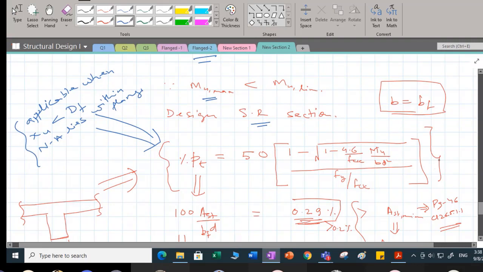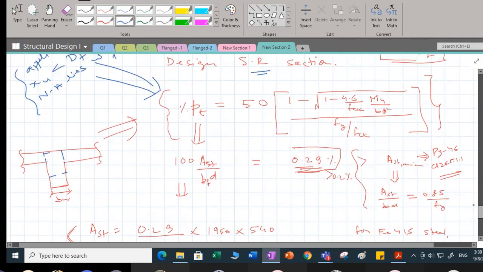This standard formula which I have written over here is applicable when your neutral axis is going to lie within flange. If it is lying outside flange, then that is not advisable. You will not be able to use this formula. Okay. So since my neutral axis is lying within flange, I can use this. And I said that instead of whatever b is there, you have to use effective width of flange. So based on this, what you did, you had computed percentage tension reinforcement, and so please check this calculation.